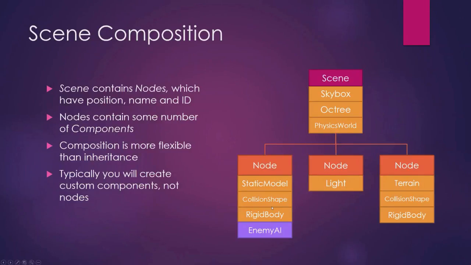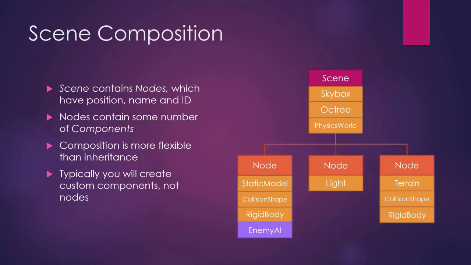Okay, so as I mentioned earlier, you have a scene, and the scene is really a container for all of the nodes in a scene. And typically in a game, a scene would represent a level. You might create another scene and swap it out when you want to load a new level.